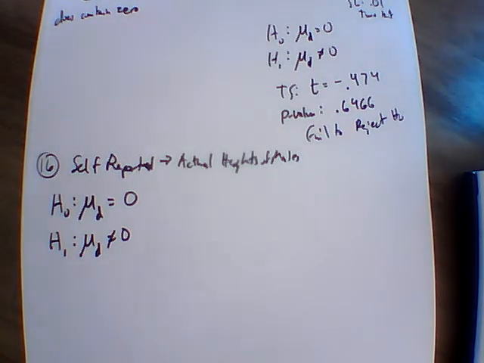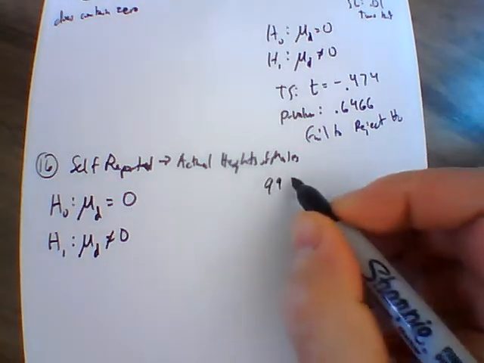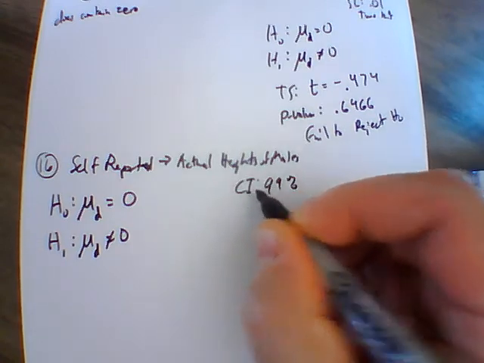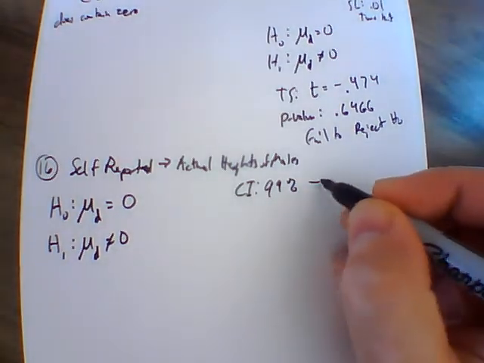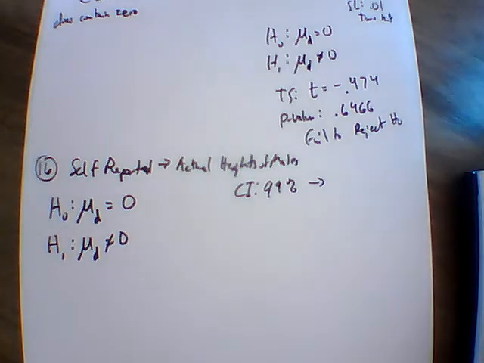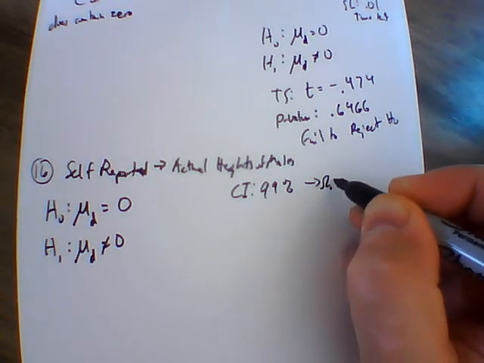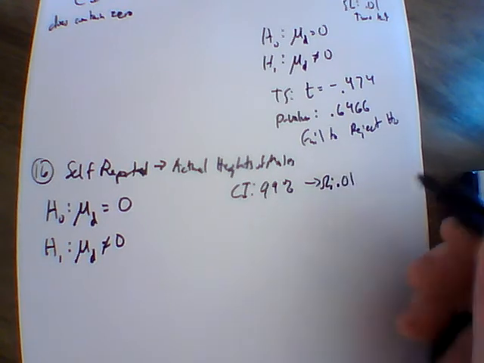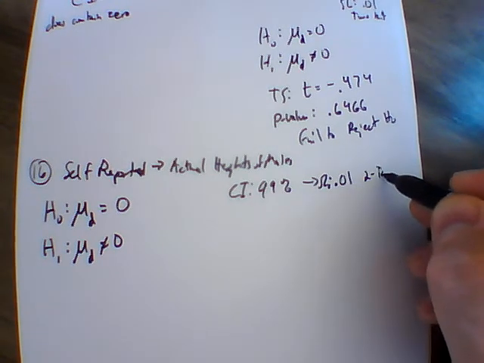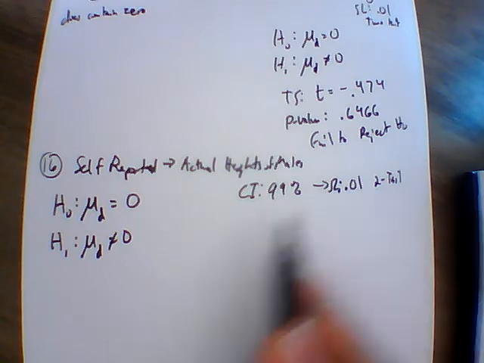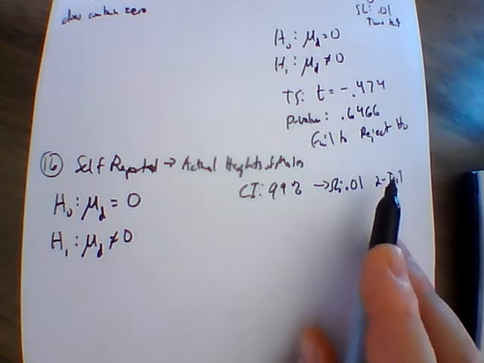Okay? And once again, they talk about a 99% confidence interval right here. So if we were to go back, a 99% confidence interval talks about a significance level of 0.01 under a two-tail, which makes sense that this would be not equal to because of that two-tail.